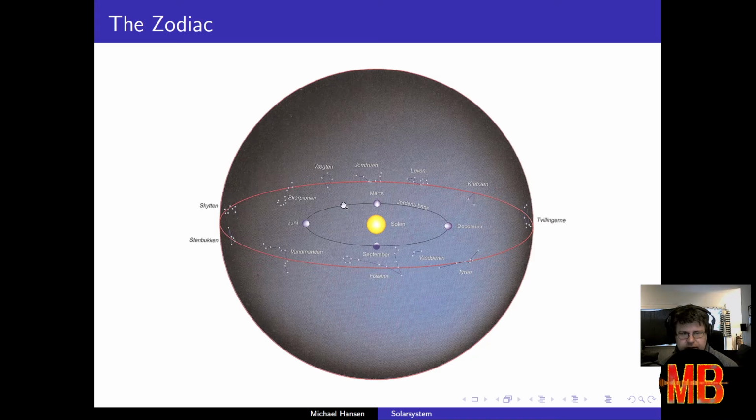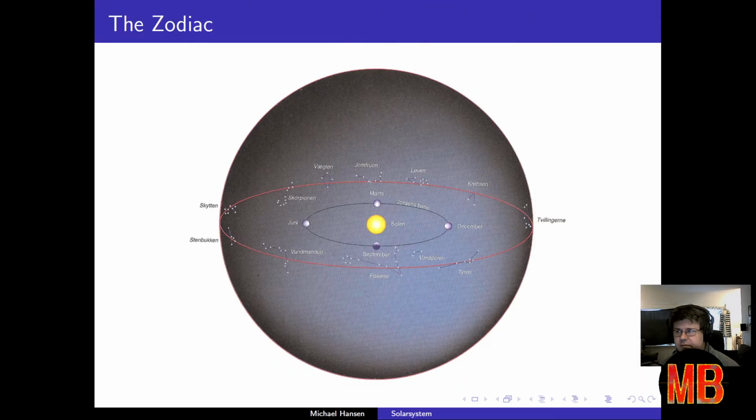So roughly you can say that in March, I can't remember what this is called. But we have the Virgin and the Lion. Wait a second. Let me just get the names for these constellations ready for you.